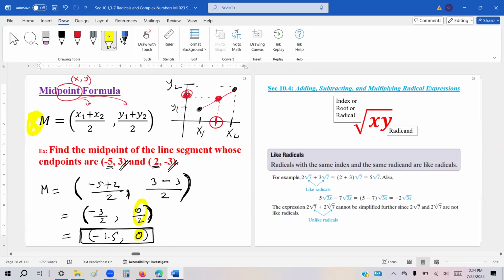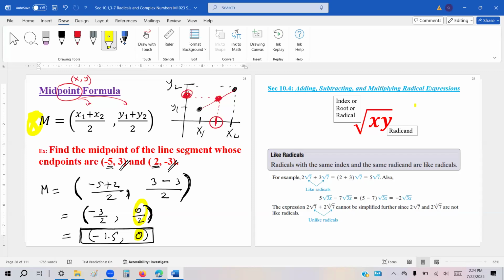Okay, no question, right? So we are going to do addition and subtraction. Addition and subtraction is easy, very easy. There are 3 things you have to know. First thing, in order to add and subtract, you have to have the same radical with the same inside, the same radicand.